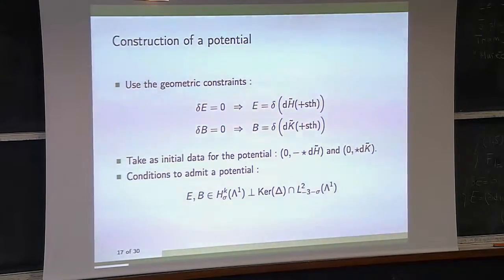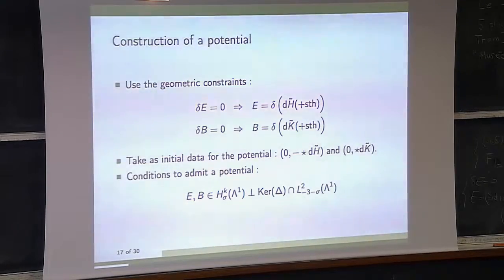So basically, I solved the equation that I had at the beginning. Good. I'm doing exactly the same thing for delta B. So I will prove that delta B belongs the same way in the image of delta with the right decay. Now, I'm taking initial data for my potential being this, and I'm done, basically.